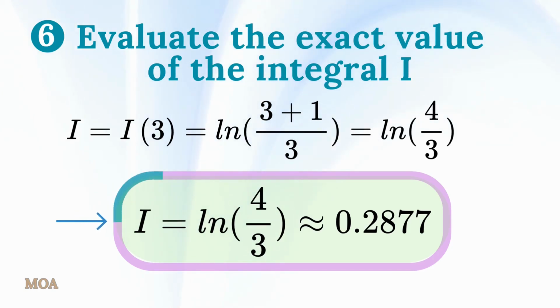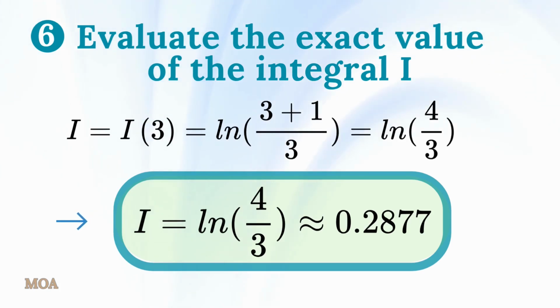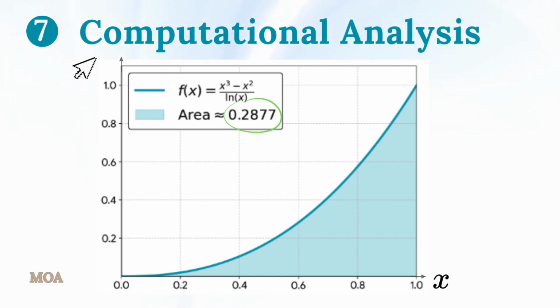This simplifies directly to the natural logarithm of 4 over 3. Hence, the exact value of the integral I is the natural logarithm of 4 over 3, which is approximately 0.2877.